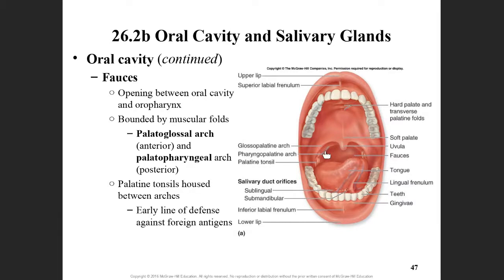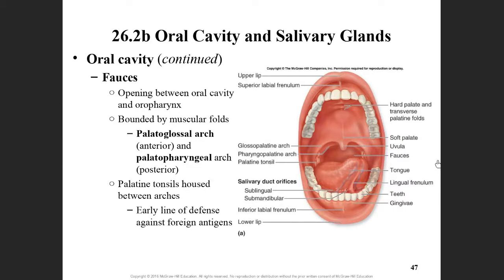Between these two arches, we can see tonsil. This tonsil is called palatine tonsil. And you see that we have two palatine tonsils, on the right and left side. The tonsil is the first line of defense against any pathogens which come to our oral cavity.